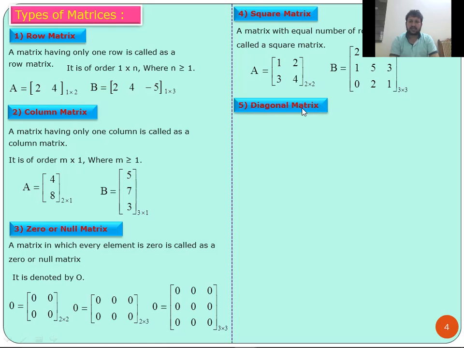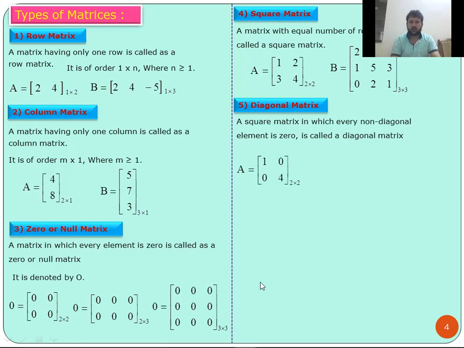Next type of matrix, diagonal matrix. Diagonal matrix, it is a type of square matrix. So square matrix in which every non-diagonal element is 0 is called a diagonal matrix. Observe here, matrix A, we have to consider only one diagonal, this 1 and 4 elements, diagonal from left side.